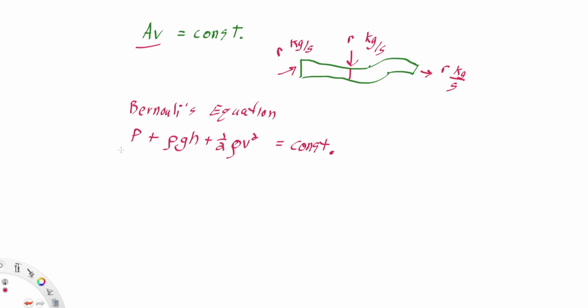Note that all of these terms here have units of energy per volume, right? So this is like gravitational potential energy per volume. This one is like kinetic energy per volume. And then the pressure, right? Remember, I kept saying before, the pressure can either be a force per area or an energy per volume. Okay. So that's Bernoulli's equation.